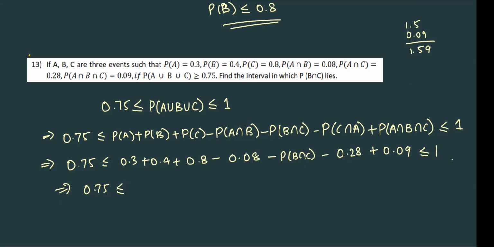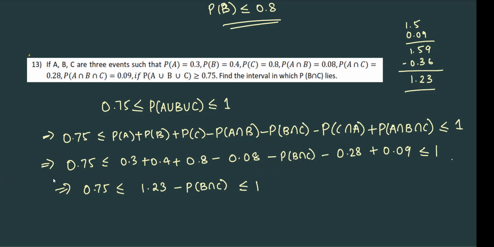And then subtraction, minus 0.28 plus 0.08. So we get 1.23.